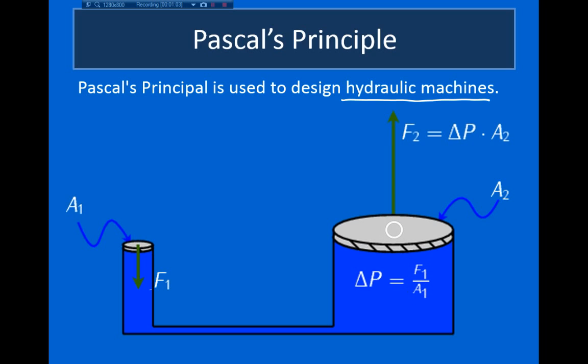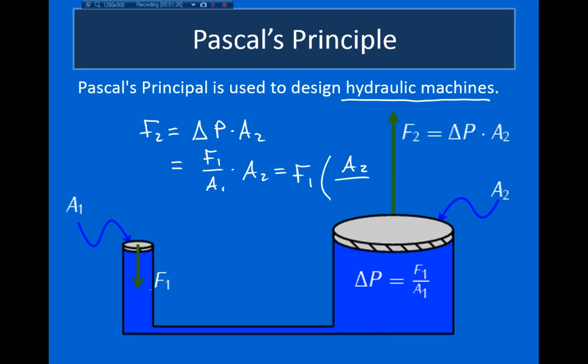And this means that the force that's being pushed upwards by this fluid is going to increase, and the amount that the force increases by is equal to the change in the pressure that's beneath the plunger times the area of the second plunger. And since the change in the pressure is equal to F1 over A1, we see that the force that is exerted upwards on the second plunger is equal to the force that we exert upwards on the first plunger times the ratio of these two areas.